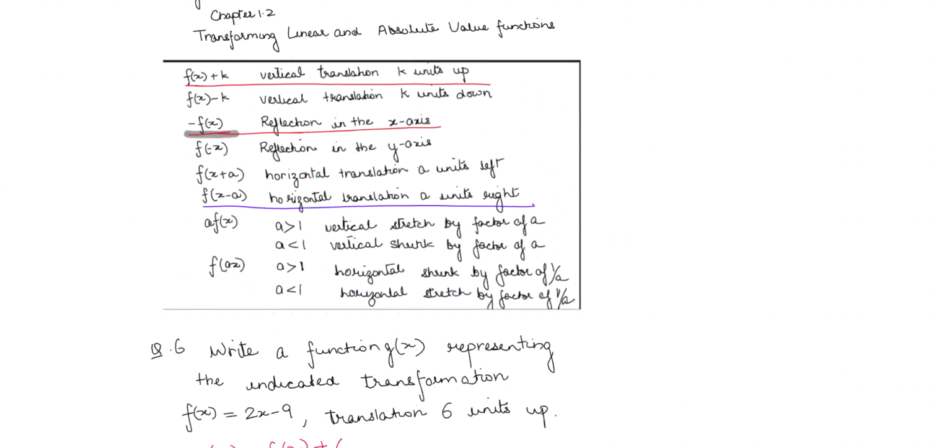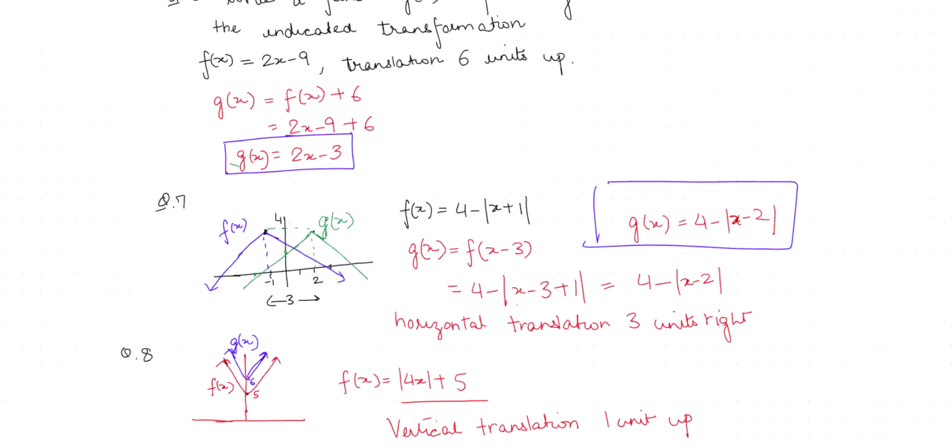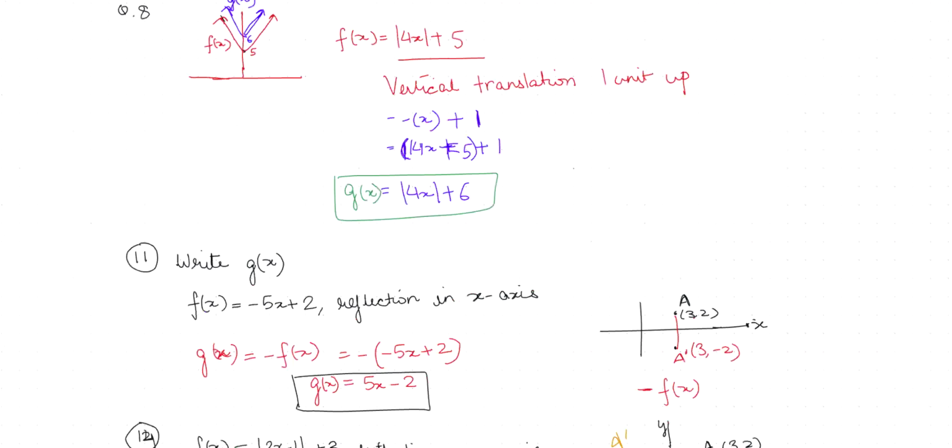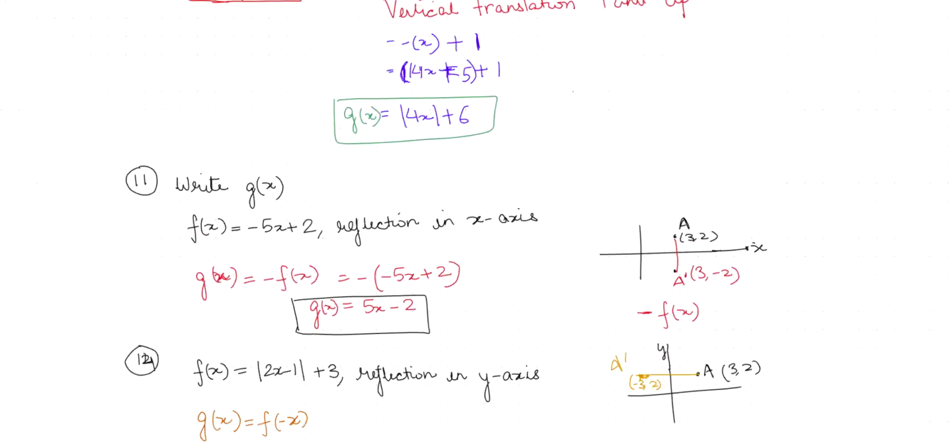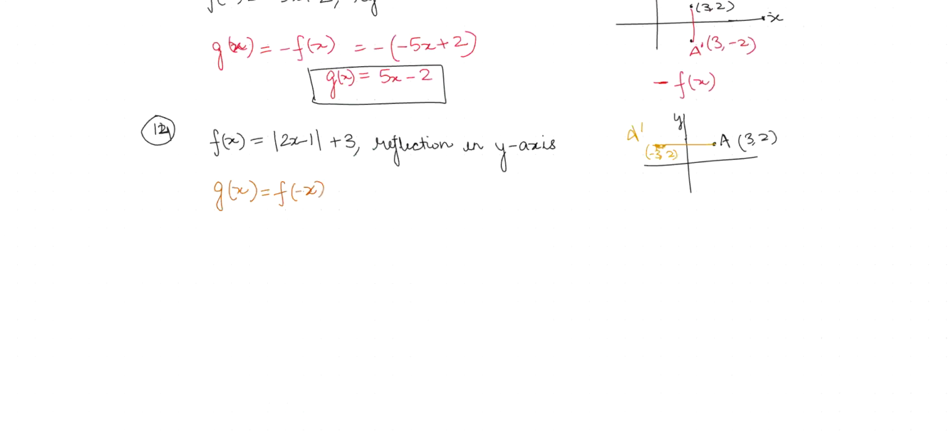See here, this is reflection in the y-axis, f of minus x. So this would give us f of minus x, which will be 2, x changes to minus x, minus 1, plus 3.